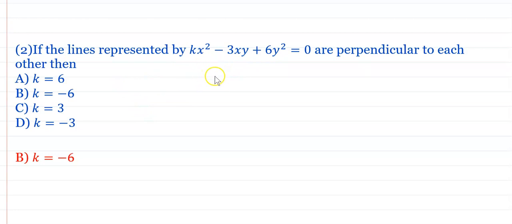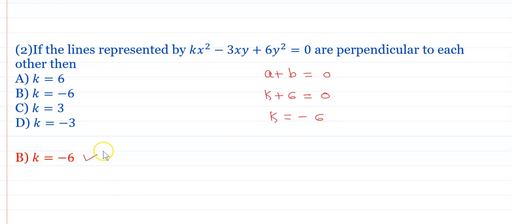Suppose that two lines are perpendicular, then the condition is that the coefficient of x square plus the coefficient of y square is equal to 0, means A plus B is equal to 0. Now A is k, B is 6, so k plus 6 is equal to 0, and k is equal to minus 6, and hence option B is the correct one.